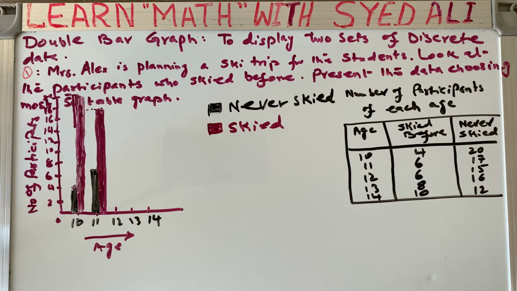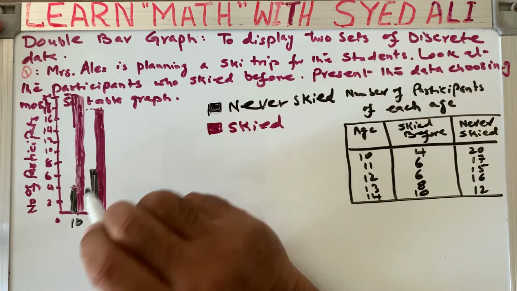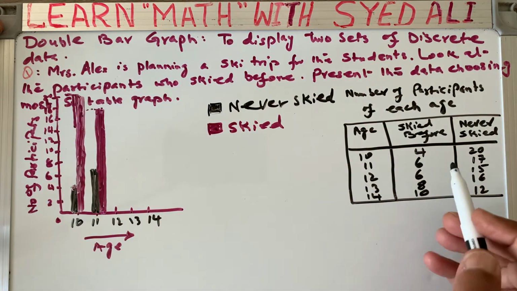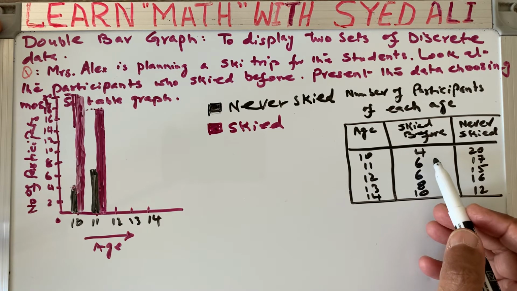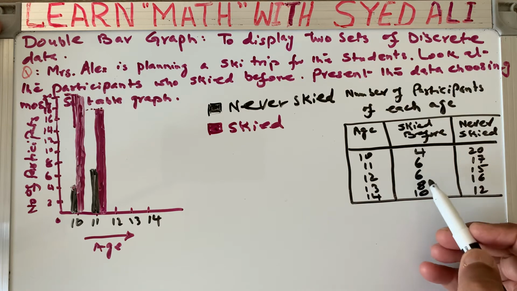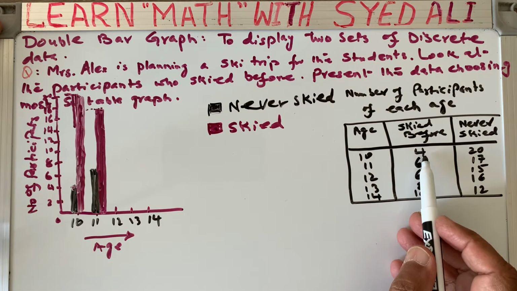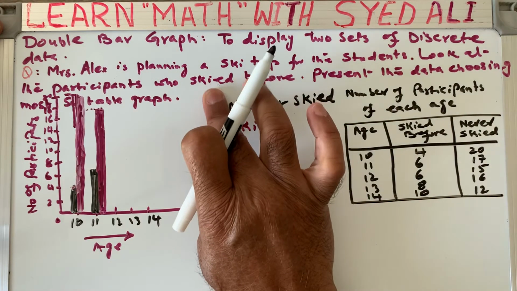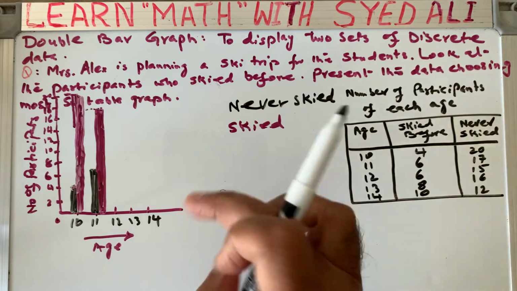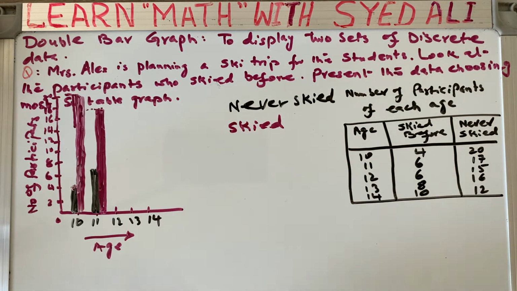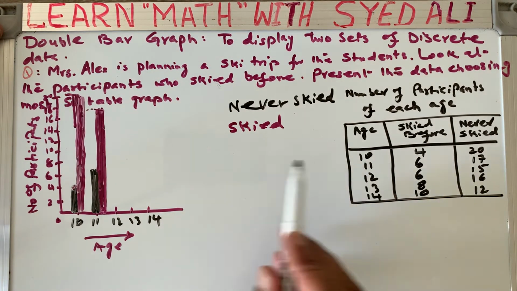Then I have to take 12, and at the age of 12, 6 again skied before. Oh, I have to change my numbers here, because I chose the wrong color.